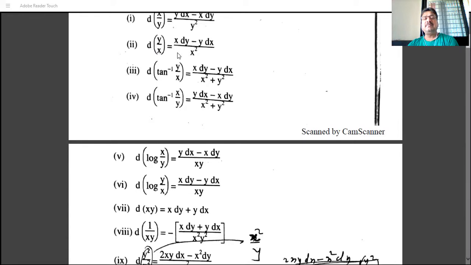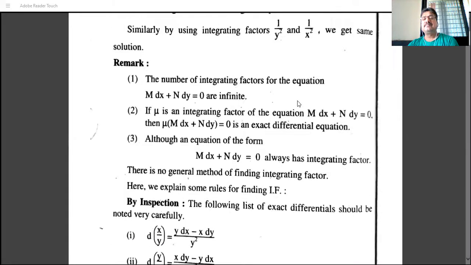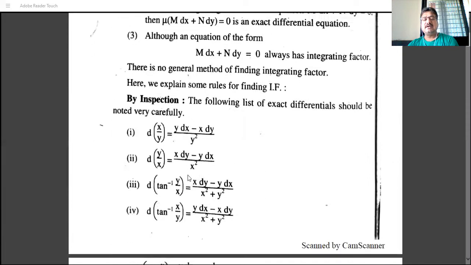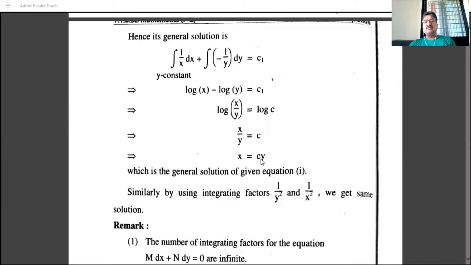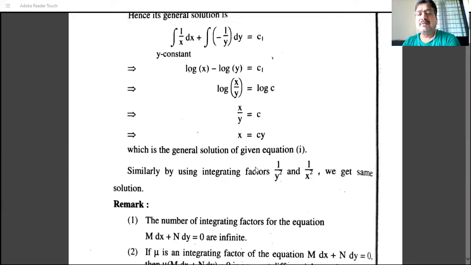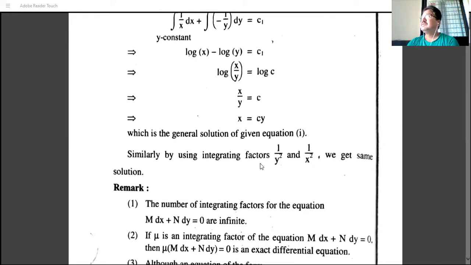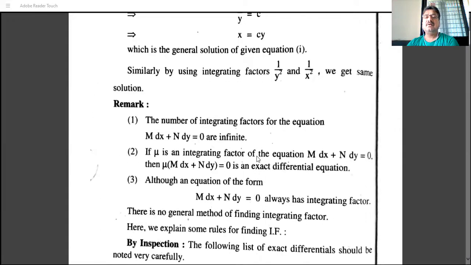That is, if you multiply by 1/x², then it is the derivative of minus y/x, and it is equal to c after integrating. So we have y is equal to minus cx as the final answer. So we have either x is equal to cy or y is equal to cx as the final answer. Both are equivalent answers.